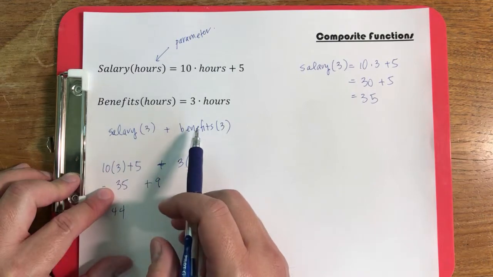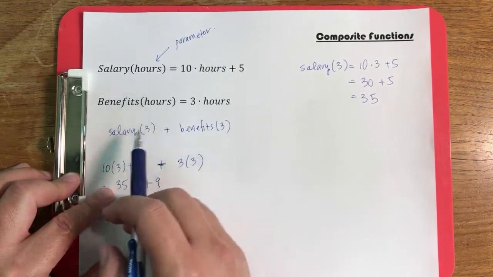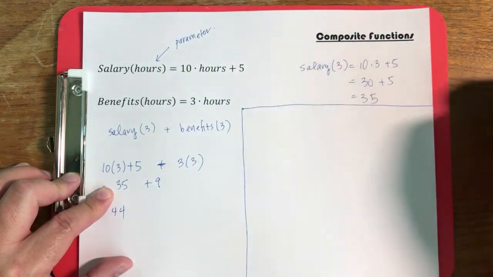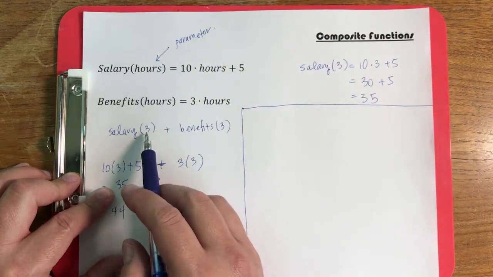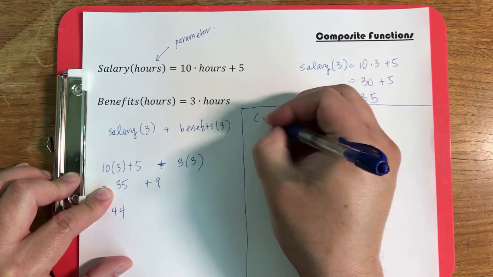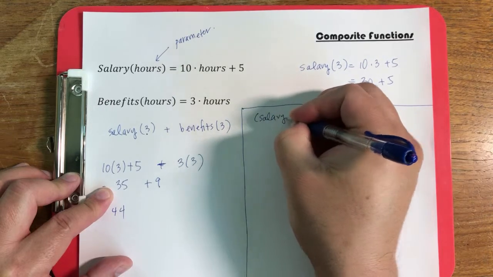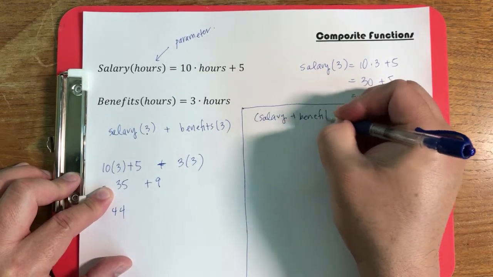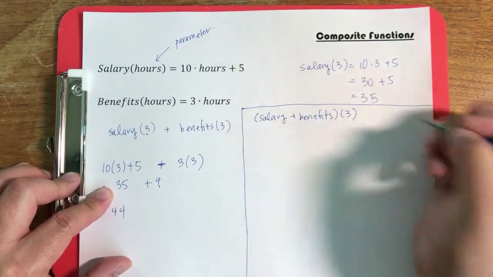In that case, there's a different notation. So this is legal notation, but a notation that sort of protects me from writing a different number in here than in here would be the following. Salary plus benefits. Okay.